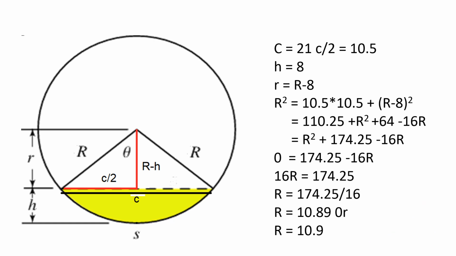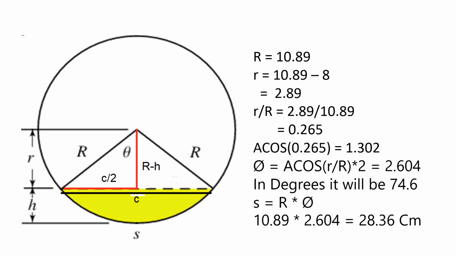Using the formula for radius R, we get R, the radius, is equal to 110.25 plus 64 divided by 16. That equals 10.89, or 10.9 centimeters. The small r will be equal to radius 10.89 minus h, that is 8. Therefore small r will be equal to 2.89.